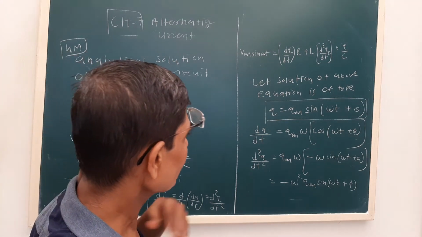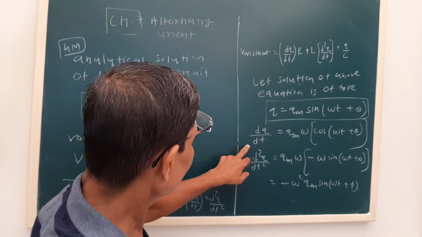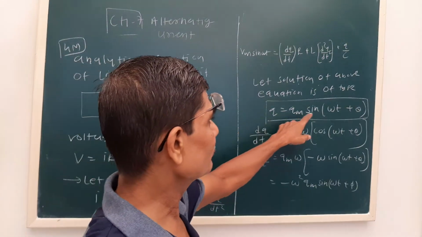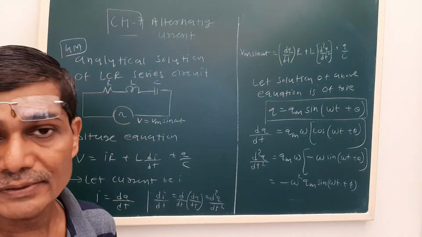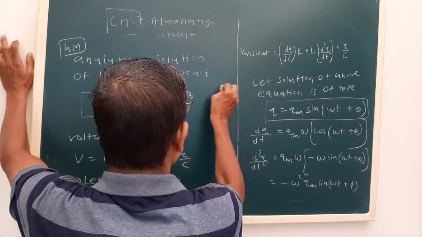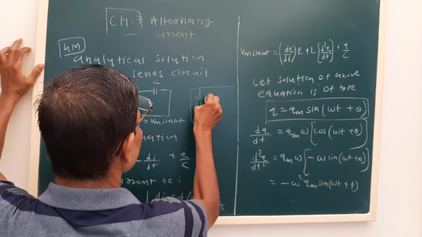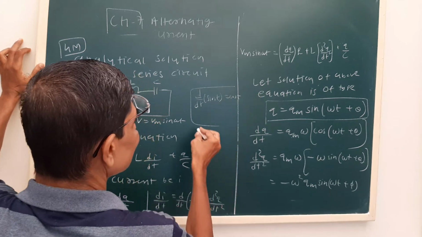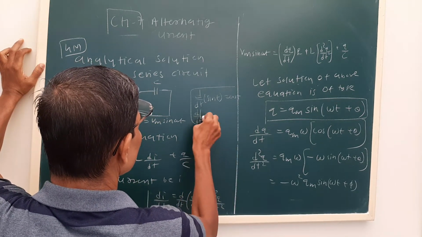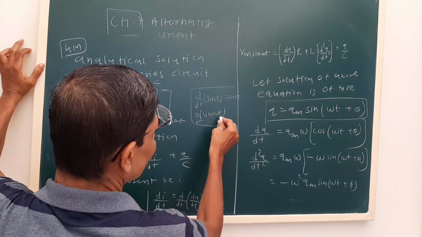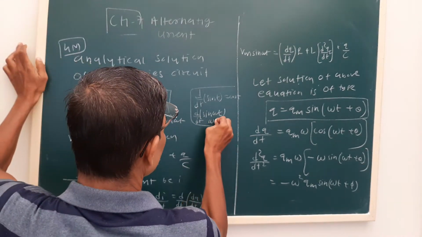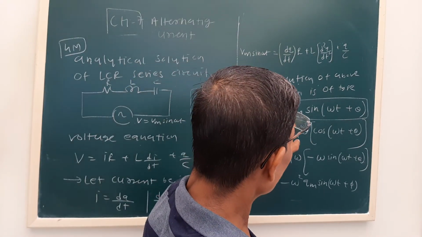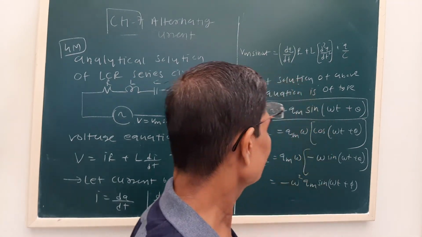Now let us differentiate dq by dt, where q is qm sin (omega t plus phi). The derivative of sin t is cos t, but for d by dt of sin omega t, the multiple of t is omega, so you have to write omega cos omega t. So dq by dt will be qm omega cos (omega t plus phi).